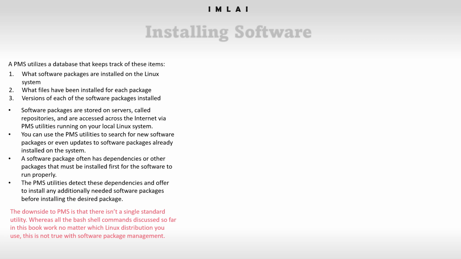But the big downside of PMS is that there isn't a single standard utility, whereas all the bash shell commands discussed so far in this course work no matter which Linux distribution you use. This is not true with software package management. PMS stands for package management system.